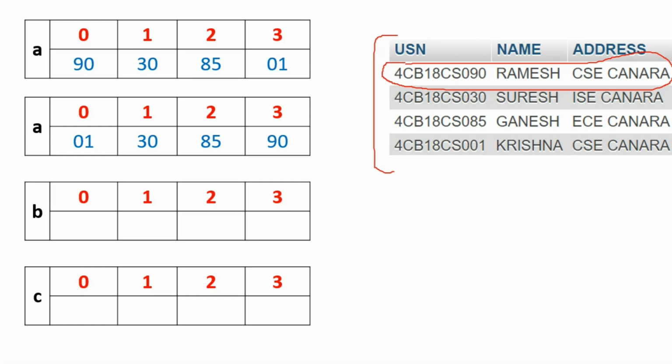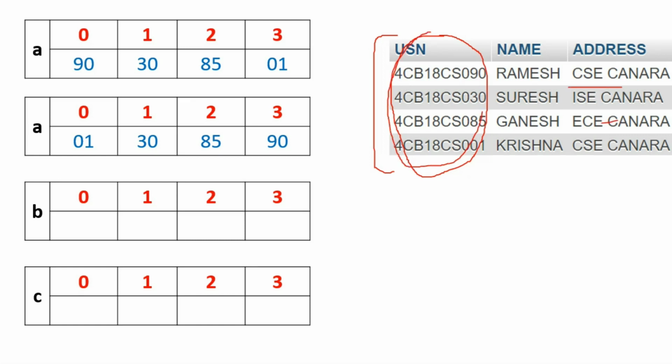But I cannot fetch an array vertically from the result I have fetched from the table. From the result I cannot extract a column; I can access only every row. I cannot access a column of USN so that I can sort according to the USN. So what is the plan here?